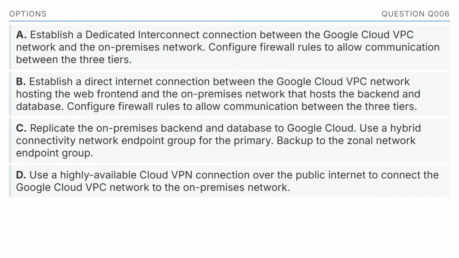Configure firewall rules to allow communication between the three tiers. Option C, replicate the on-premises backend and database to Google Cloud. Use a hybrid connectivity network endpoint group for the primary. Backup to the zonal network endpoint group. Option D, use a highly available Cloud VPN connection over the public internet to connect the Google Cloud VPC network to the on-premises network.